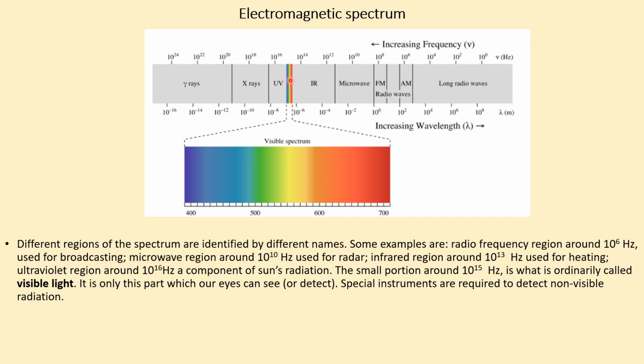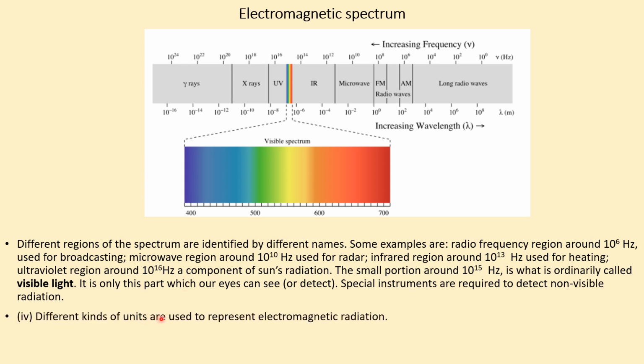This is the region of visible light or visible spectrum, whose wavelength varies from 400 to 700 nanometers. It is only this part which our eyes can see or detect. Special instruments are required to detect the non-visible radiation. All these are non-visible radiations.